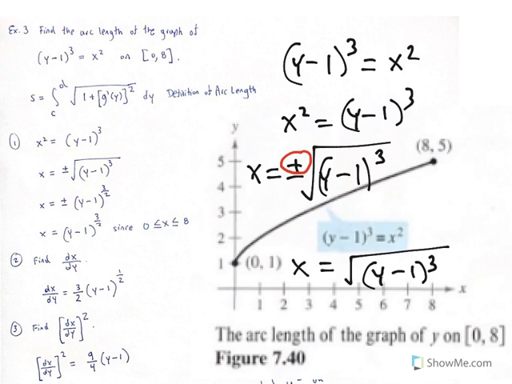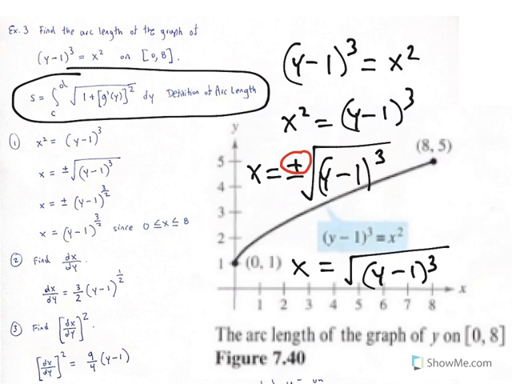And now that we have x as a function of y, we can use the definition of arc length where we will be integrating with respect to y. In the previous two examples, we integrated with respect to x because we had y as a function of x. But in this example, we have x as a function of y, so we will integrate with respect to y. But when you do that, the limits of integration have to be y values, y coordinates.